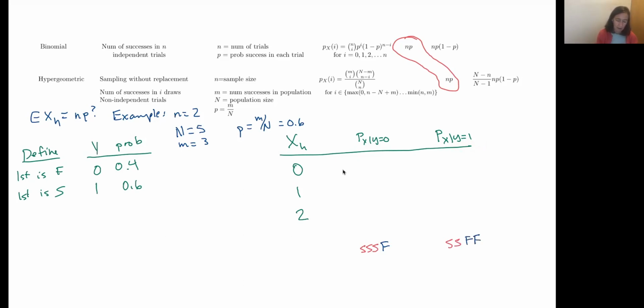Okay, so if my first draw is a fail, the probability that overall both my draws are fails is just the probability of selecting the one fail out of the remaining set of 4. Okay, so I started with a population of 5. I'm left with 4. If I'm going to get an overall number of zeros, in addition to the fact that my first one was a fail, I have to get a fail again.